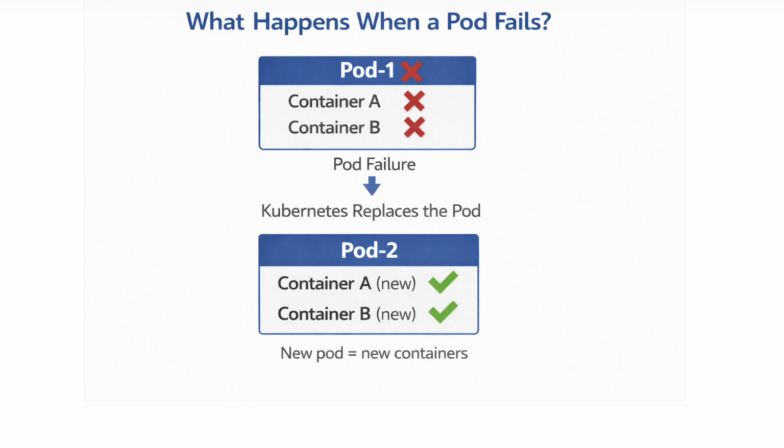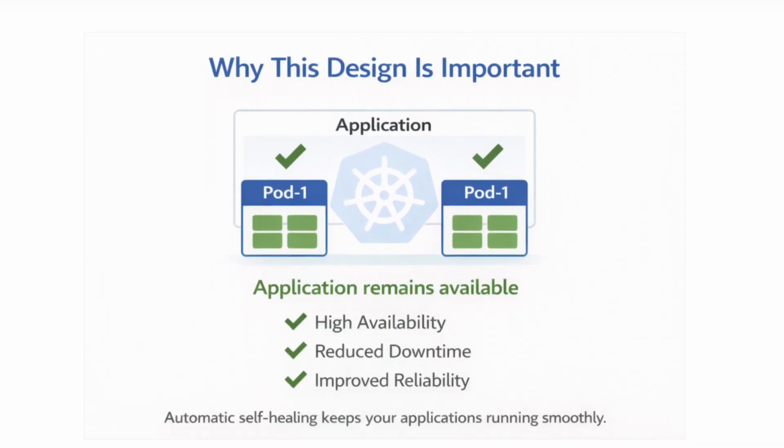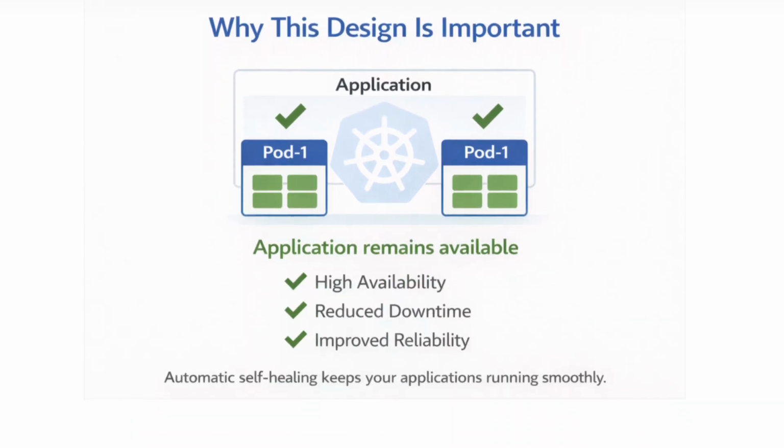Why is this design important? Let's check that. This design is what makes Kubernetes powerful. Instead of relying on a single pod to always stay alive, Kubernetes expects pods to fail.